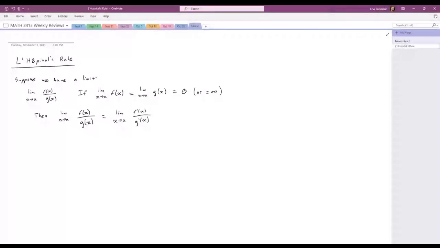Now, one thing to note is this is not quotient rule. It is just the derivative at the top over the derivative at the bottom in this case.